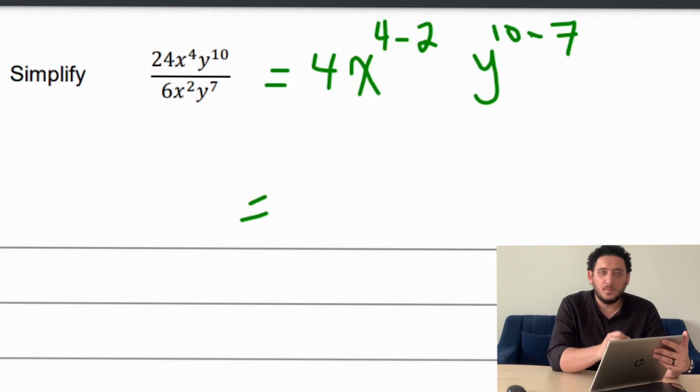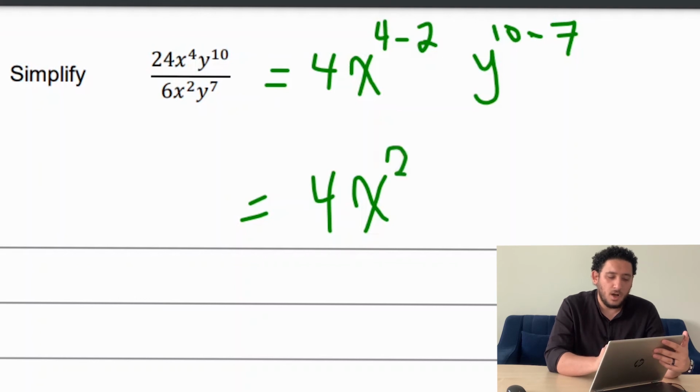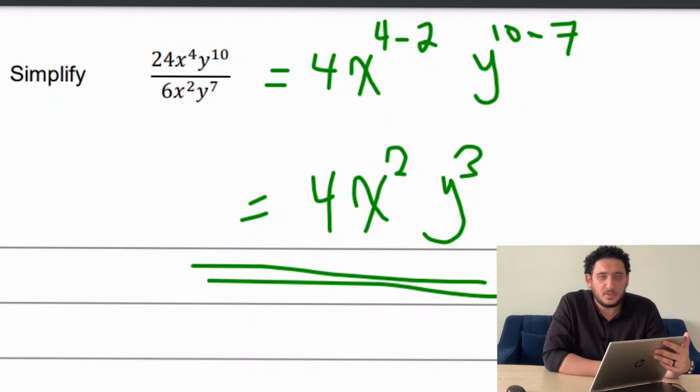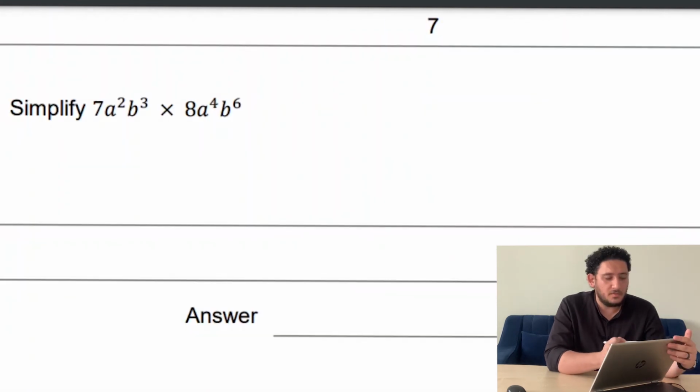Let's simplify it more. 4 and x. 4 minus 2, it means 2. Y power 10 minus 7, it means 3. So the simplest form for this expression is 4x squared y cubed. If you have two expressions, you will simplify them and tell me the answers.